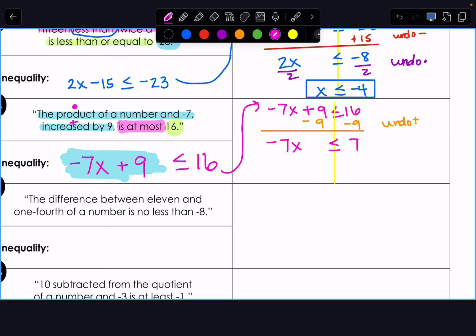Okay. Now, Trudier, what do we need to do to both sides now? Okay, and how do we undo multiplication? So we're going to divide both sides by negative 7.